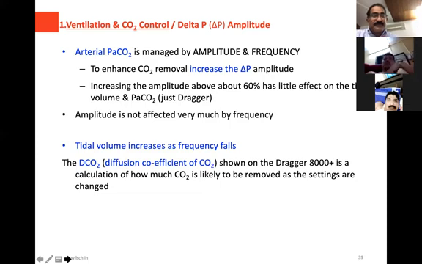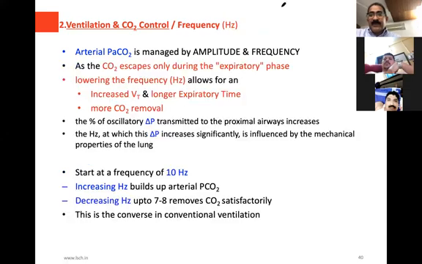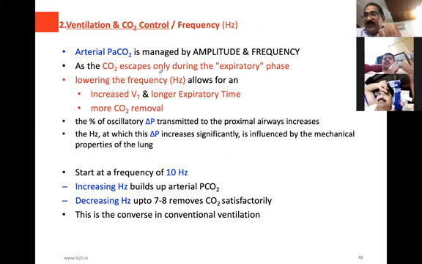Next slide, please. So here, as I said, the PaCO2 is managed by both amplitude and frequency. This is important because, let me put it crudely, you have a coarse control and you have a fine control. If you see the olden days radio, the transistor we used to call, it has a fine adjustment and a coarse adjustment.